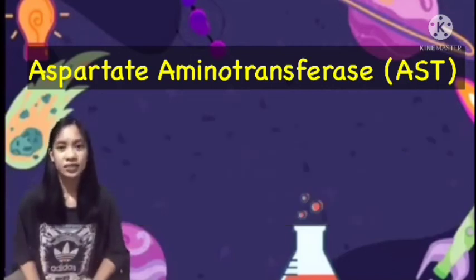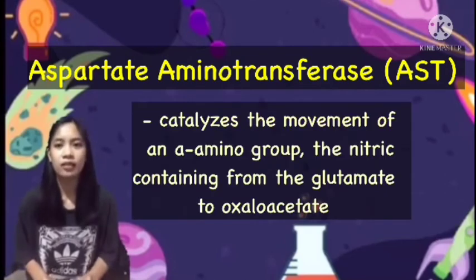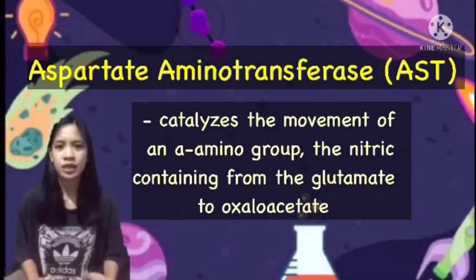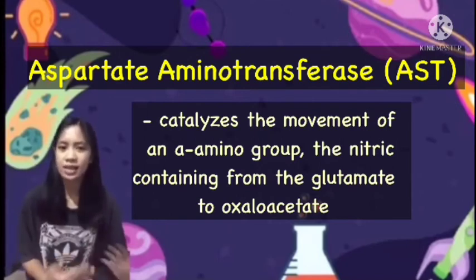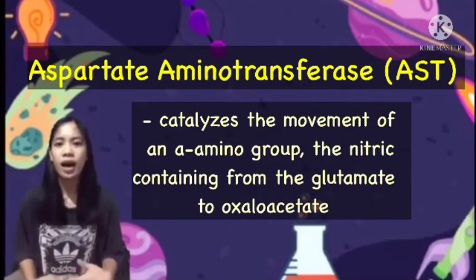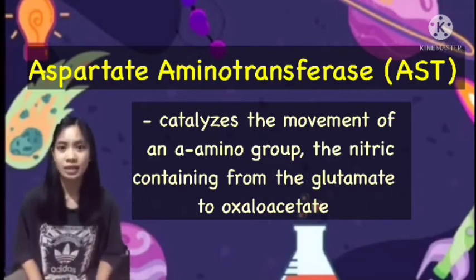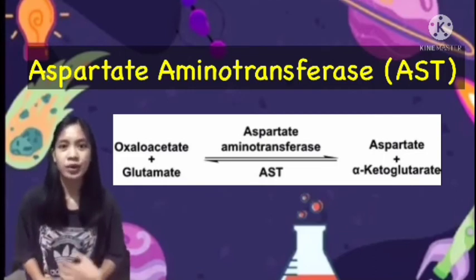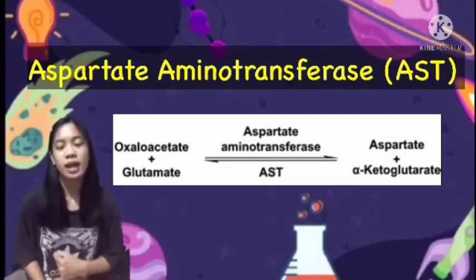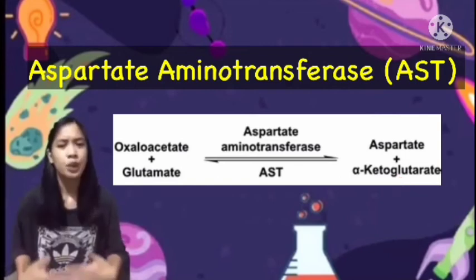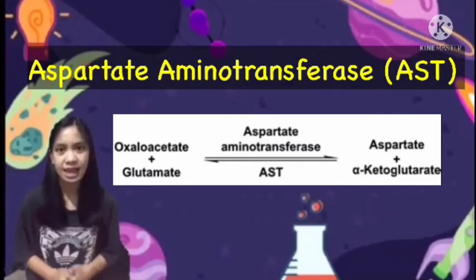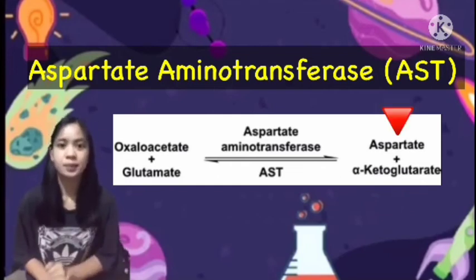Aspartate aminotransferase catalyzes the movement of an alpha amino group, the nitrogen-containing group, from the glutamate to oxaloacetate, and so we form alpha ketoglutarate, and we also form aspartate. When we remove the alpha amino group from the glutamate, we form the alpha ketoglutarate. But when the nitrogen-containing group moves onto the oxaloacetate, we form aspartate.